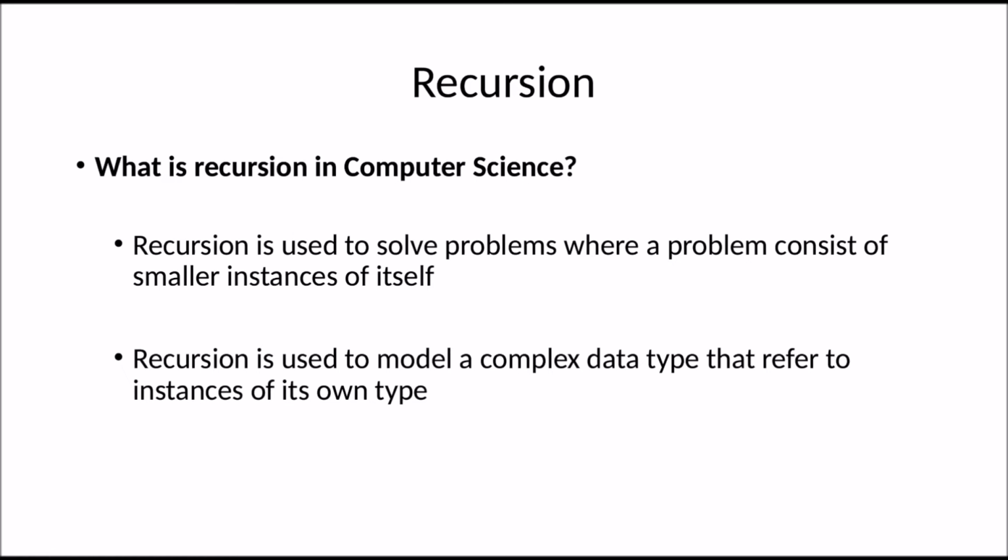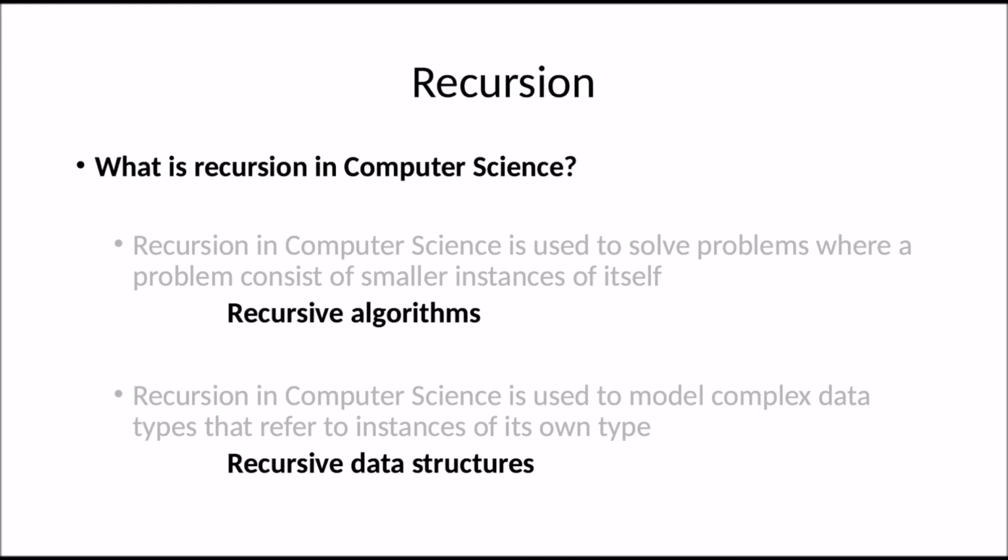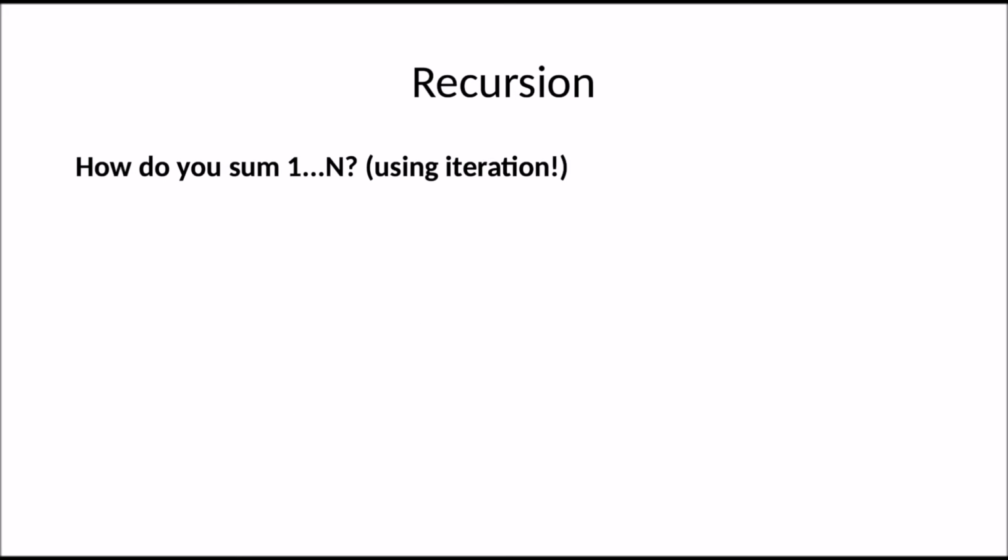The data structure that we're defining consists of instances of itself. Think about a class that you're defining and a field, a member variable of that class, consists of an instance of itself. So we have recursive algorithms and we have recursive data structures.